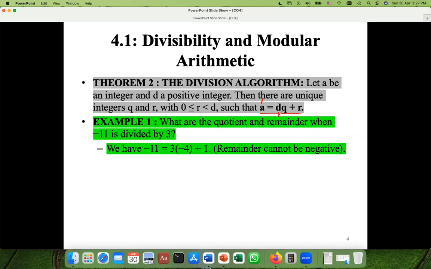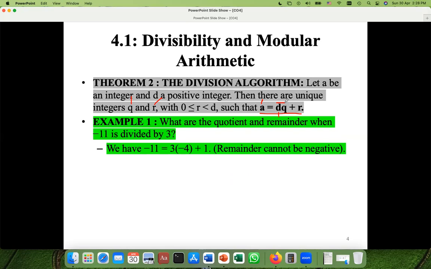When you divide this A with this d, which d is for divisor, you will get some quotient and also some remainder. That would be of the form a is equal to dq, the divisor multiplied with the quotient, plus something.